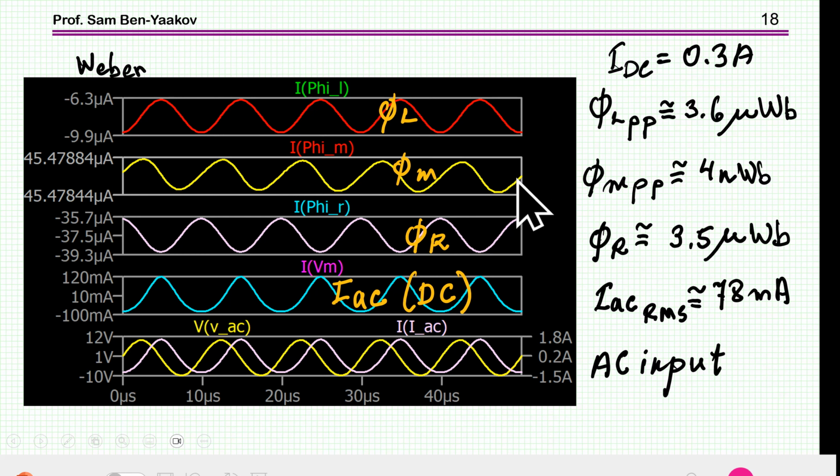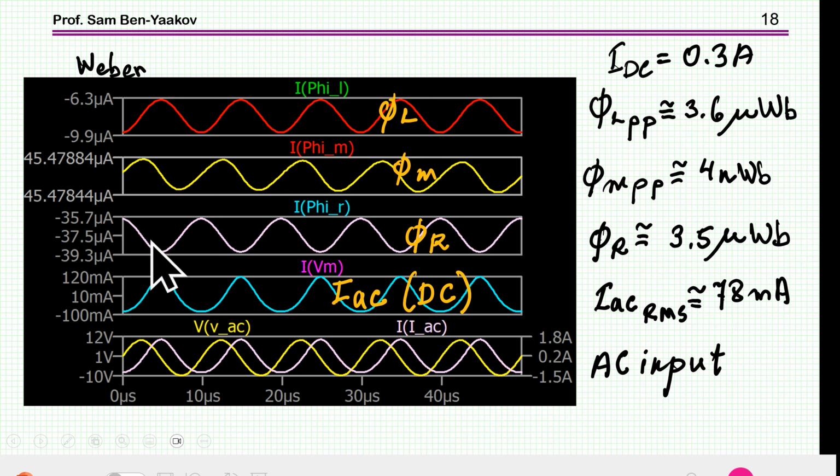So what we see here is that the flux generated by the AC winding is about 3.6 microweber peak to peak. There is a DC component, of course, which is due to the DC bias, and I'm not counting it. I'm just talking about the AC flux, so it's 3.6 microweber.